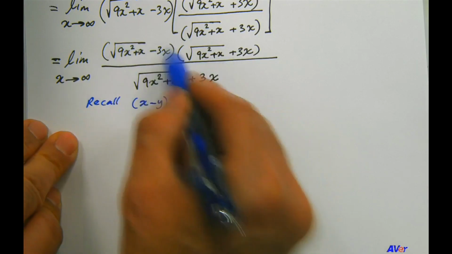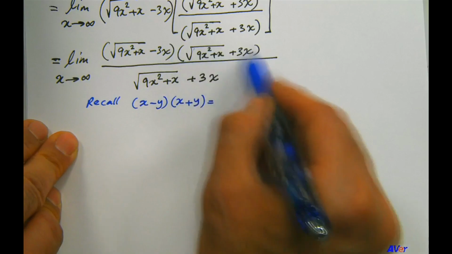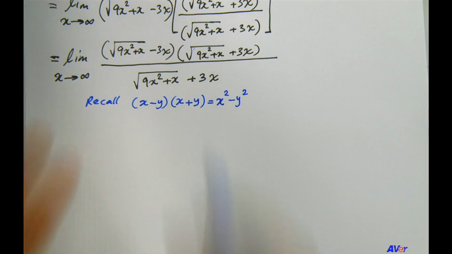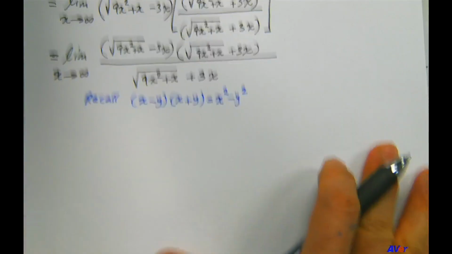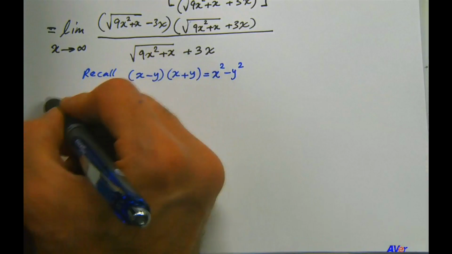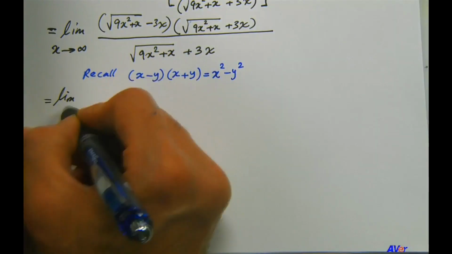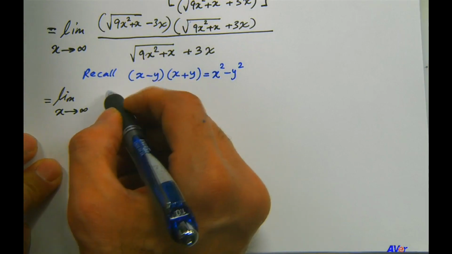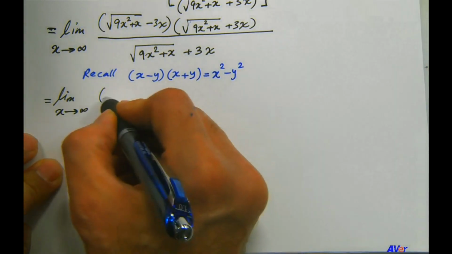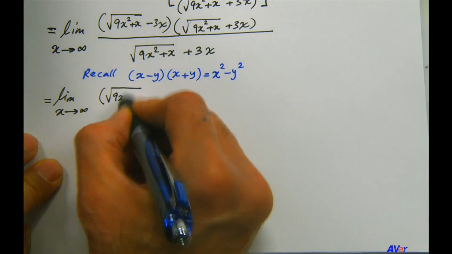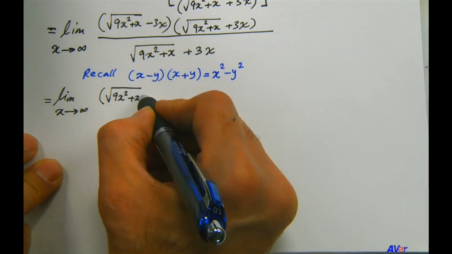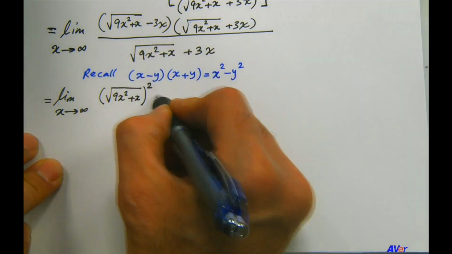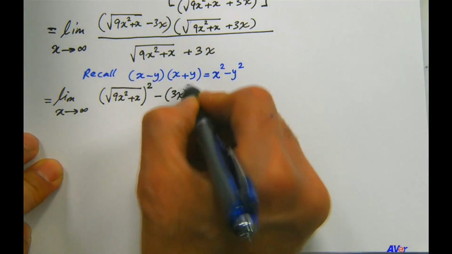All of this is x, all of that is y. So we get x squared minus y squared. Remember that? So the same thing is going to happen here. We're going to have the limit as x goes to infinity of square root of 9x squared plus x, squared, minus 3x squared.